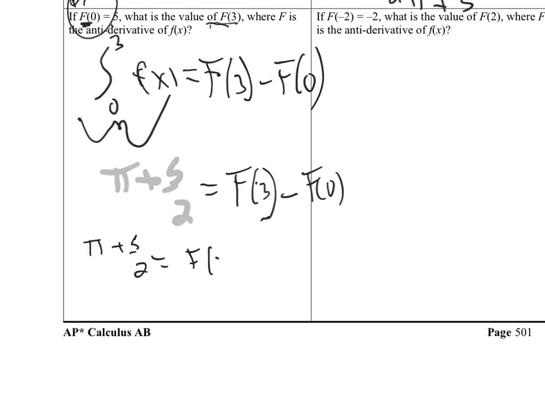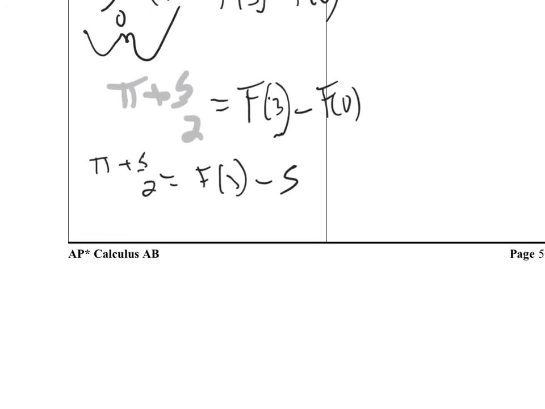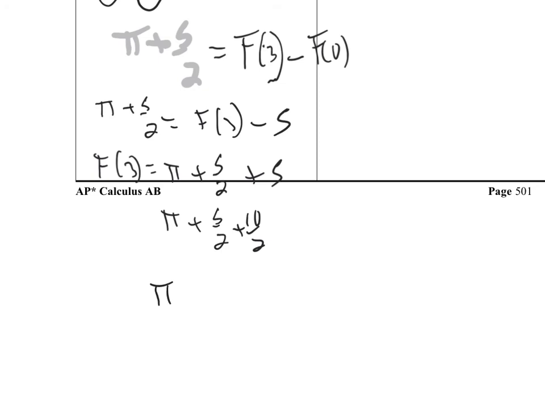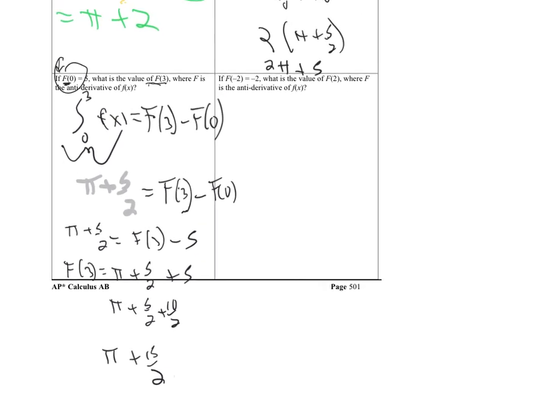I'm looking for f of 3, and I'm going to subtract what he told me f of 0 was, 5. Solve this for f of 3. F of 3 will equal pi plus 5 halves plus 5, which is pi plus 5 halves plus 10 halves, which is pi plus 15 halves, which is 7.5 if you choose to do it. I'm going to leave it as 15 halves.